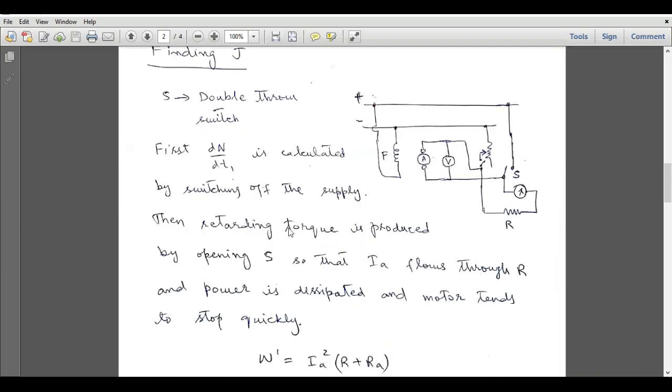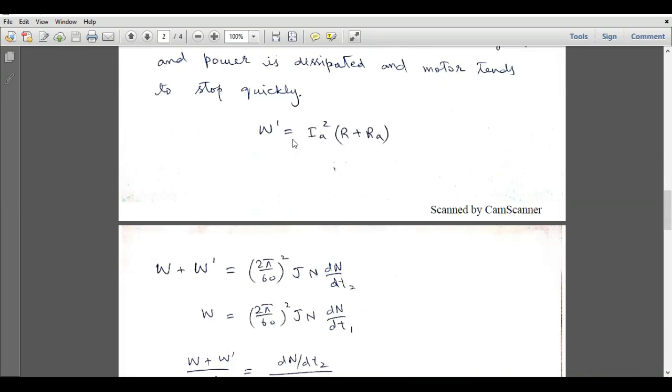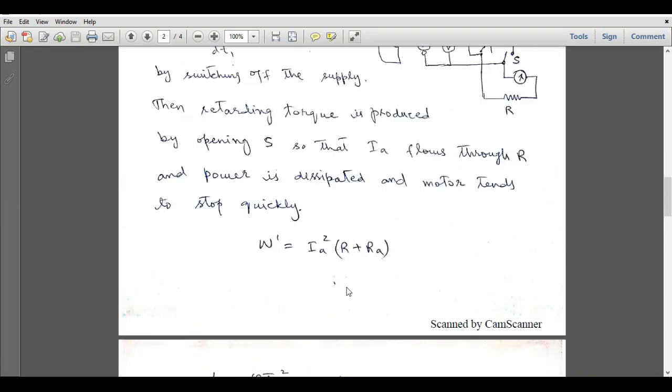After that, the retarding torque is produced by opening switch S. In the second case, we use this circuit and open this switch so that IA flows through R. IA will flow through this resistance, power is dissipated, and the motor tends to stop quickly. In that case, W dash will be equal to IA squared (R plus RA), and W plus W dash will be equal to (2 pi by 60) squared J n dn by dt2.